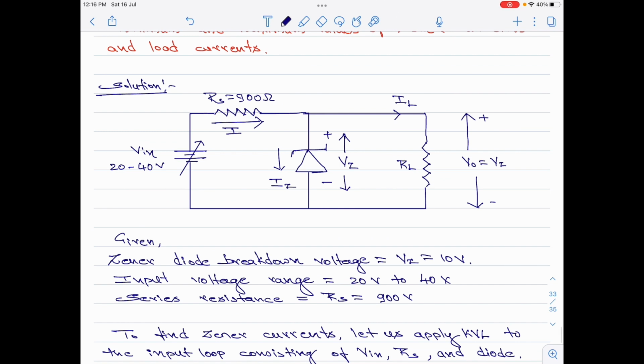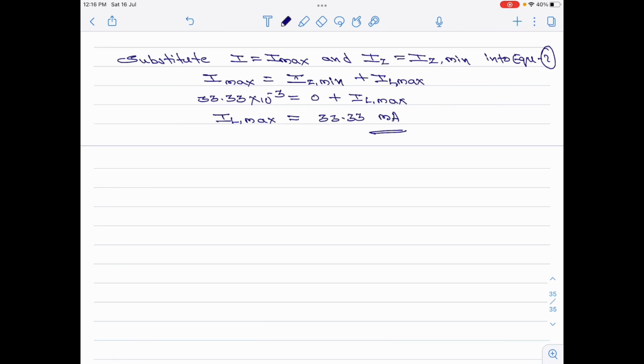Let us now try to find the maximum value of the Zener current. The Zener current will reach its maximum value when the load is disconnected from the circuit. In simple words, when the load current is 0. So, I will write here as Zener current will reach its maximum level when no load is connected.